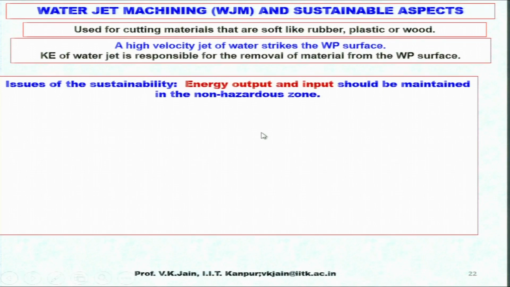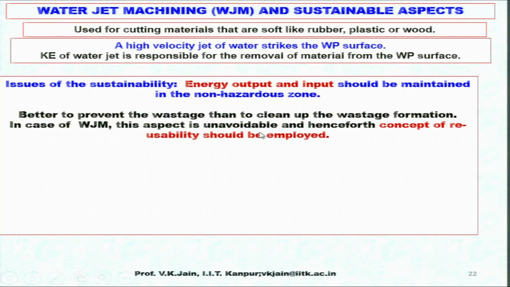Issues of sustainability, energy output and input should be maintained in the non-hazardous zone. It is better to prevent the wastage than to clean up the wastage formation. In the case of water jet machining, this aspect is unavoidable, and hence the concept of reusability should be implied.